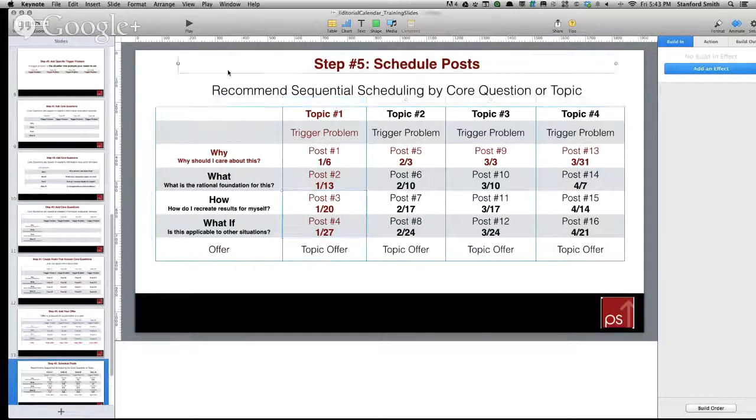Or you can go the other route, which is to go across a core question. So you answer the why question for topic 1, topic 2, topic 3, and topic 4. That way, a lot of your readers will visit your blog, see your topic, like what they see, and come back the next week.